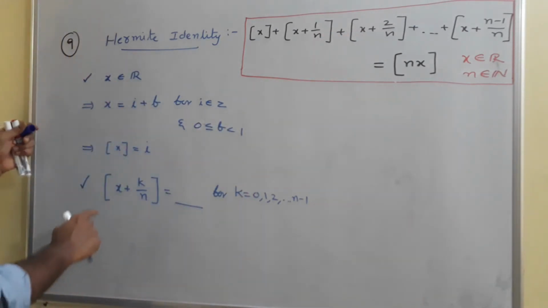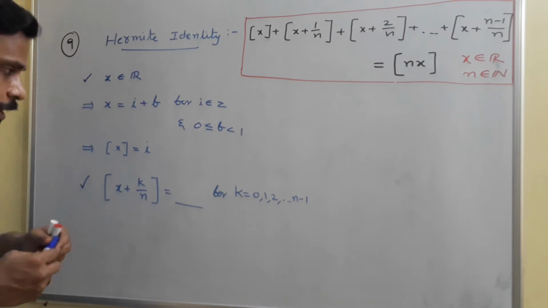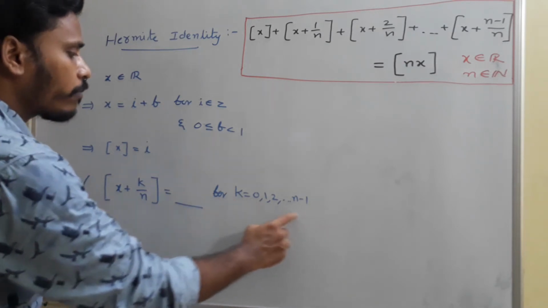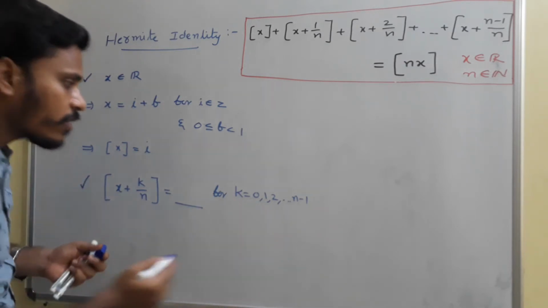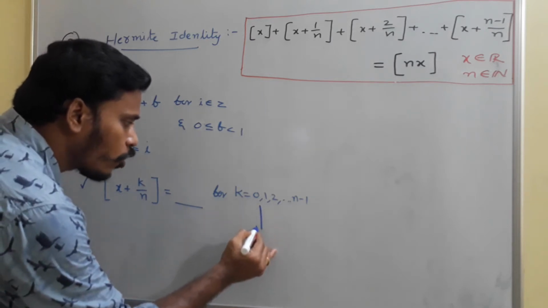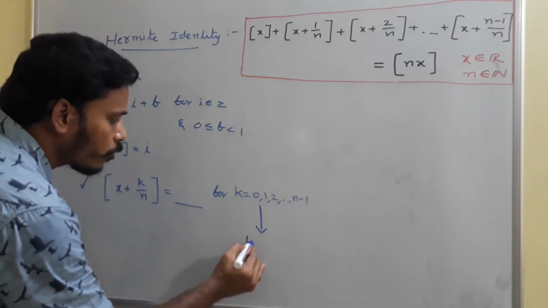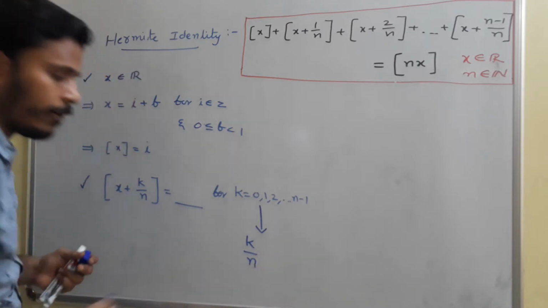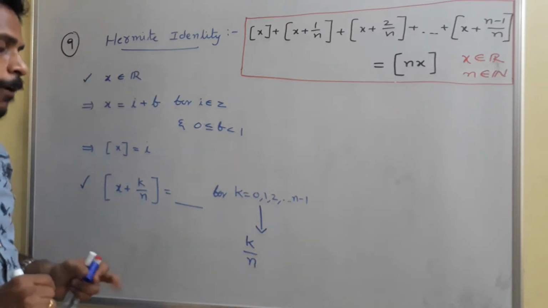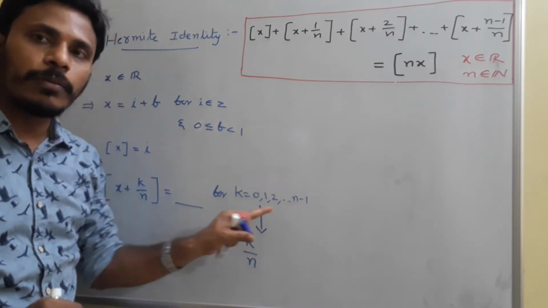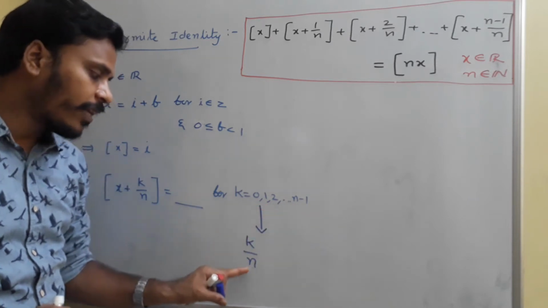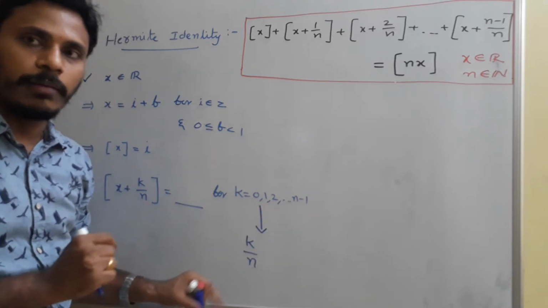So just look there, step of x plus k by n. Here the values of k are from 0 to n minus 1. Since the values of k are from 0 to n minus 1, what do you say about the value of k by n? k is a number from 0 to n minus 1 and n is clearly a larger number.